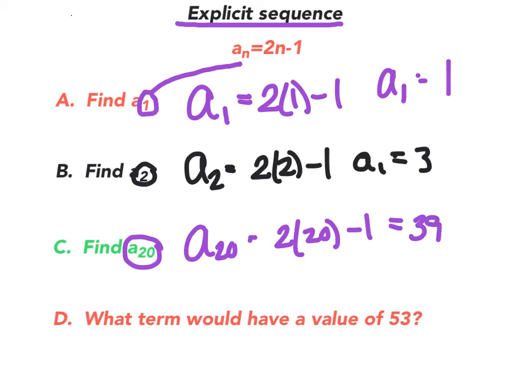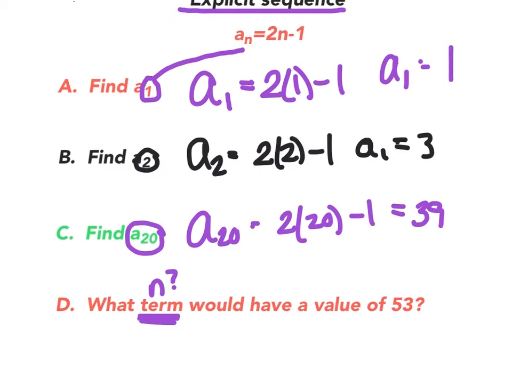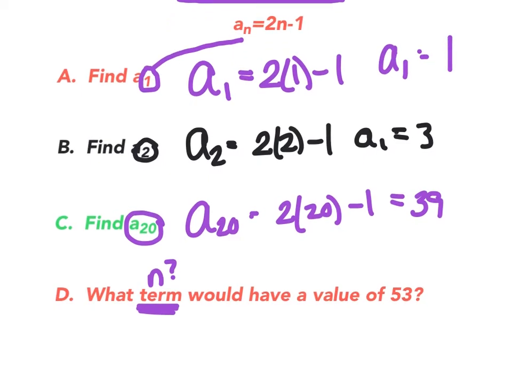Now let's make it a little more interesting. What term? So I want you to underline that word term. They are looking now for the letter n. What term would give you a value of 53? If somebody tells you something has a value of 53, they're basically telling you the answer is 53. So I would say 53 equals 2n minus 1.